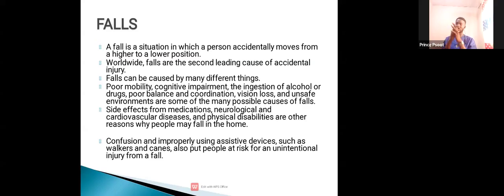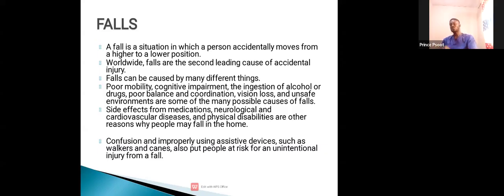Confusion and improperly using assistive devices such as walking sticks and canes are also risks. You may not know how to use your equipment right, or just naturally, even agile people fall at times.